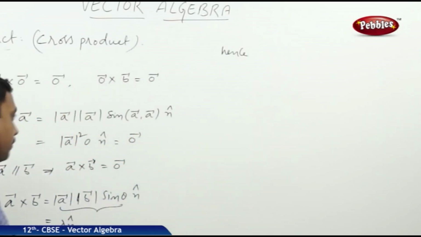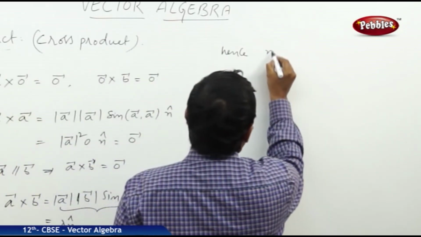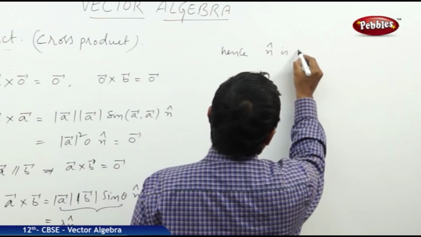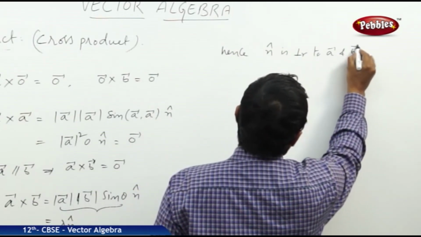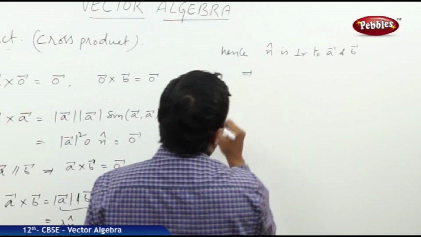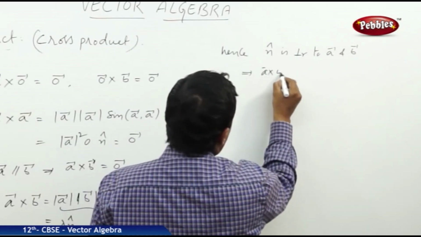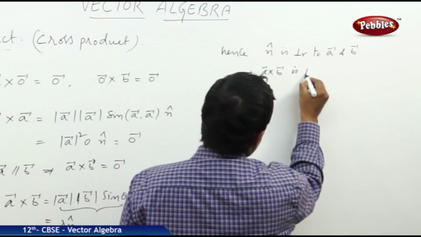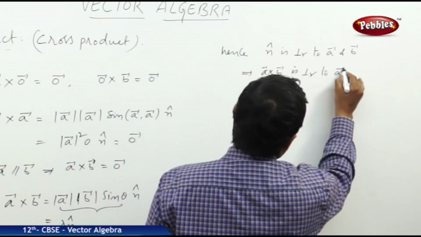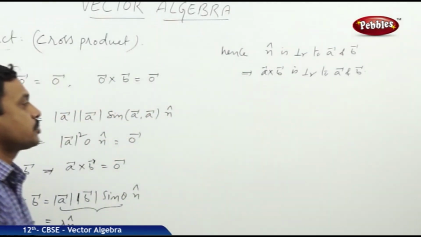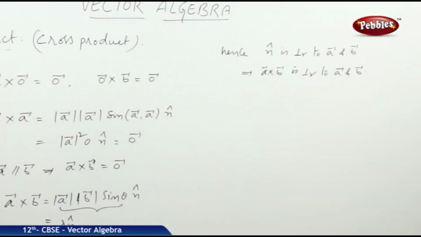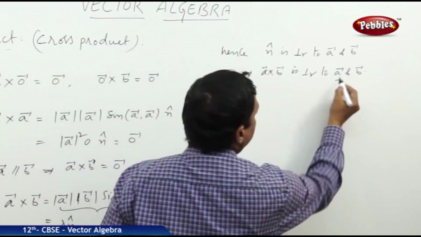N cap is perpendicular to A bar and B bar. This implies A cross B is also perpendicular to A bar and B bar. So the cross product of two vectors is always perpendicular to the given vectors A and B.